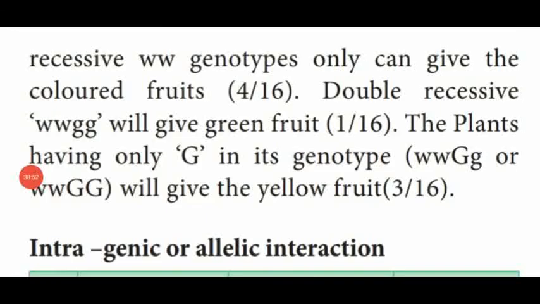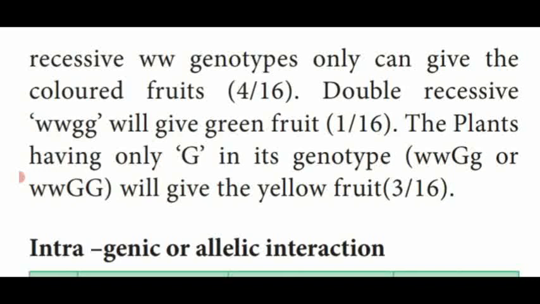So I told you how you are going to identify the yellow color fruit. Small ww with capital G gives yellow color, small ww with small gg gives the green color. So the homozygous recessive ww genotype determines the color of a fruit, whether it is yellow or green.